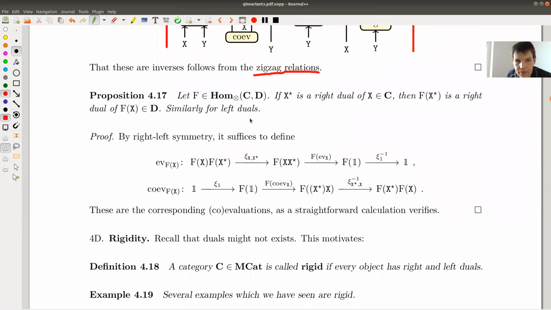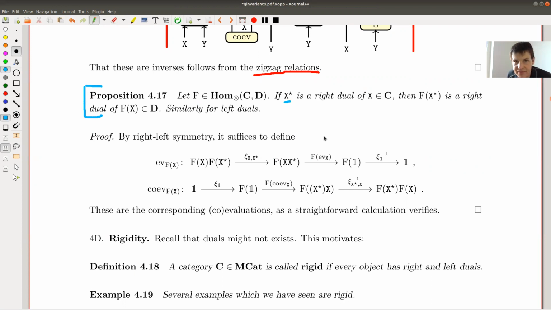All right. I'm running really badly on time, so let me just skip over this. This basically is that duals behave nicely under monoidal functors.